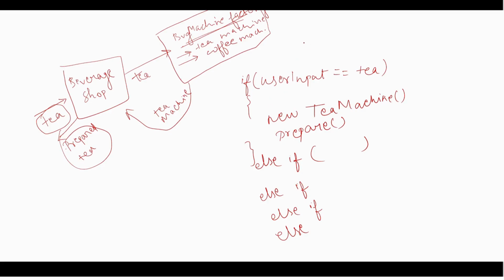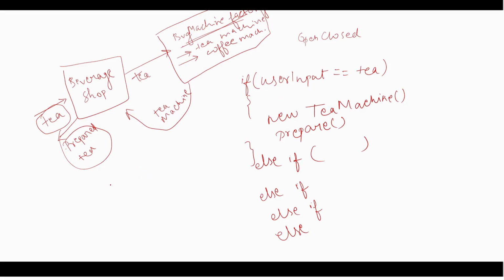It also violates the open closed principle from the SOLID principles that we know, because we are modifying the original class for adding new drinks. This should not be the case. By using a factory, we keep this class untouched and simply create a new input.